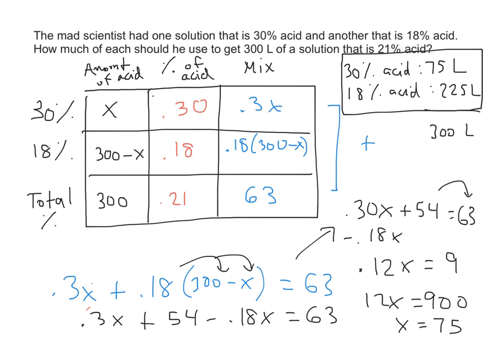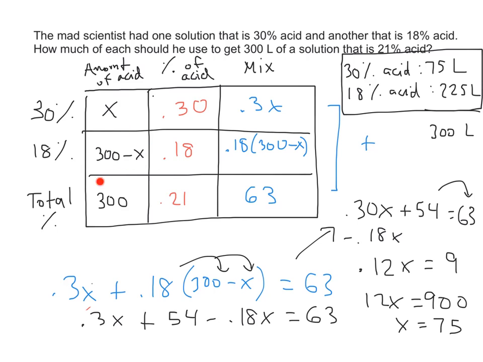So let's recap. So what we did first is we made a variable x, which is for the 30% acid, and we found out how much acid there was and multiplied the two rows together to get 0.3x. Same thing for this, except this one was in terms of the inverse of x.